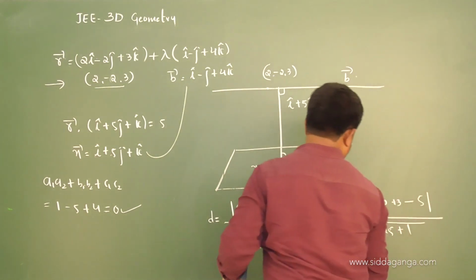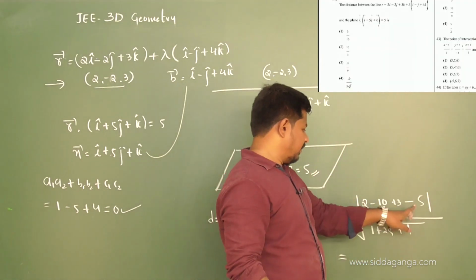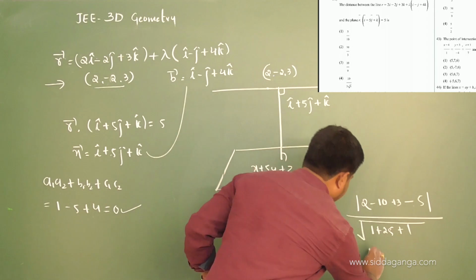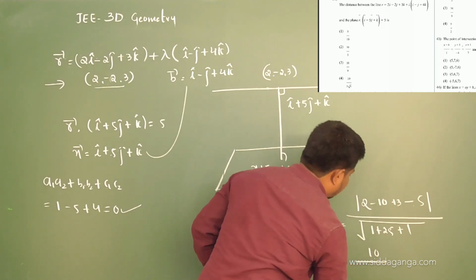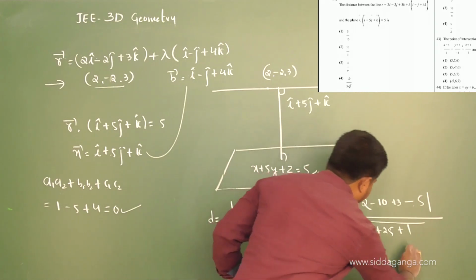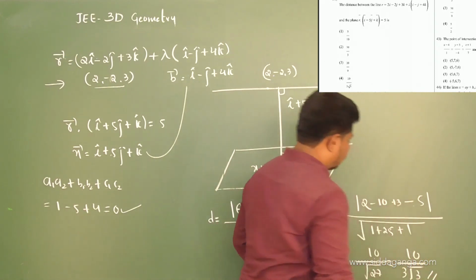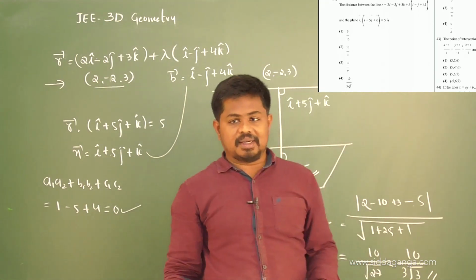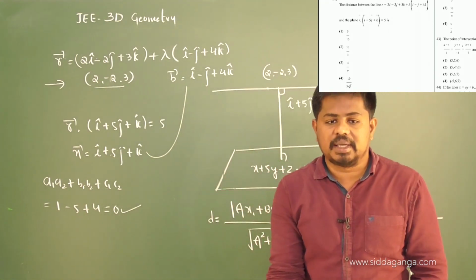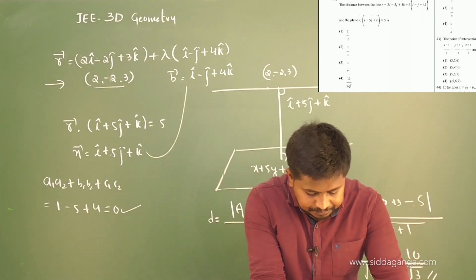So you get 2 plus 3, 5, 5 get cancelled, minus 10. So 10 divided by root 27, that is 10 divided by 3 root 3. So 10 divided by 3 root 3 is the required distance between the given plane and the line. So option 4 is the correct one.